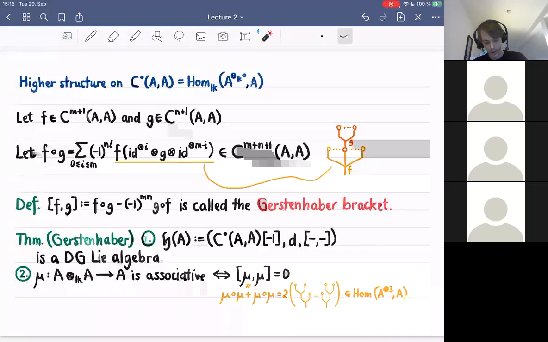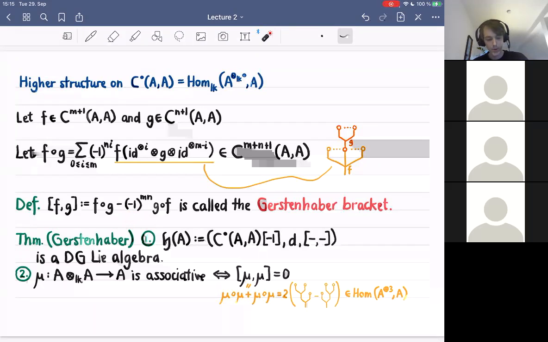From the definition here, you can see that mu bracket mu is mu circle mu plus mu circle mu again, because of the sign here, because they both have degree 1 in this case, because they take 2 inputs, and this is a -1, so this becomes a plus.